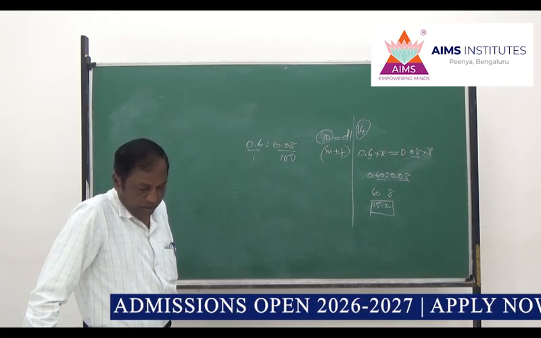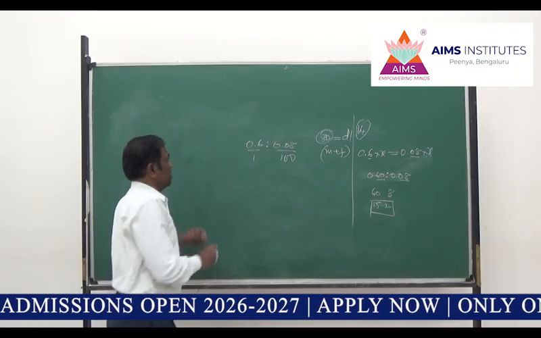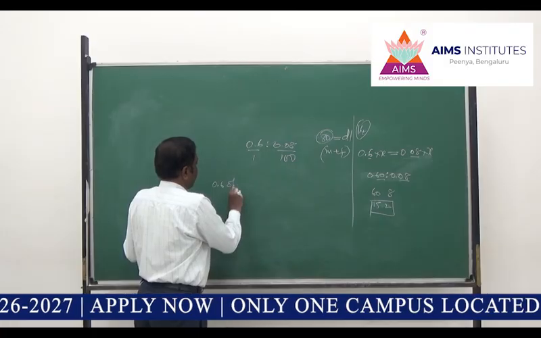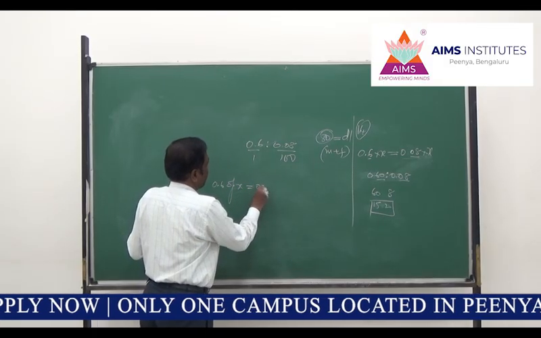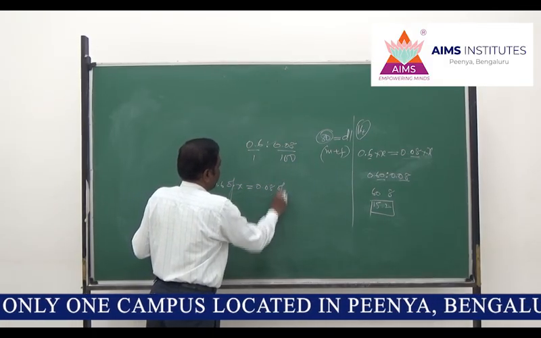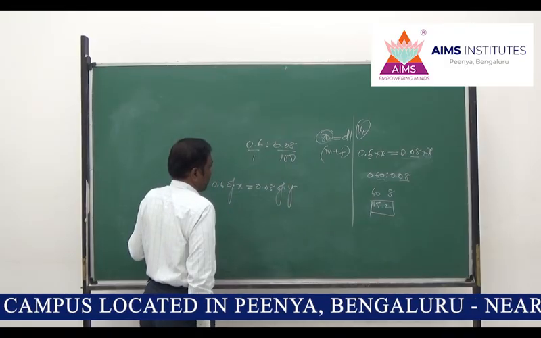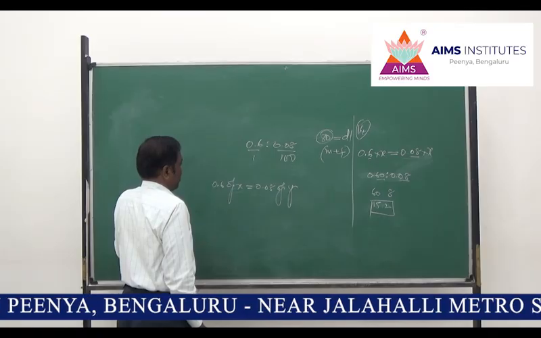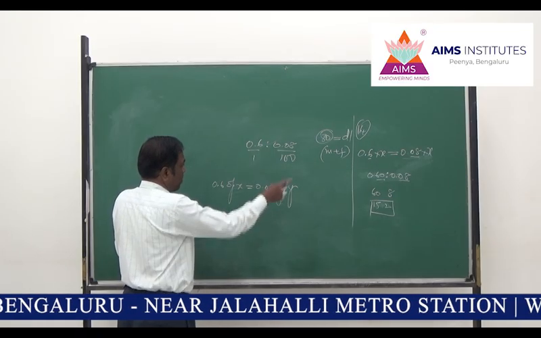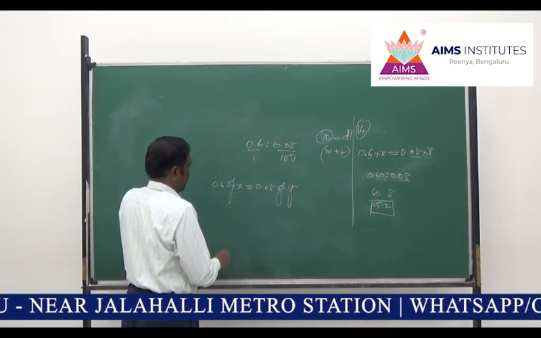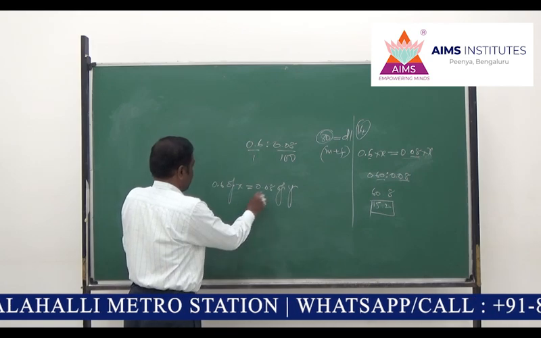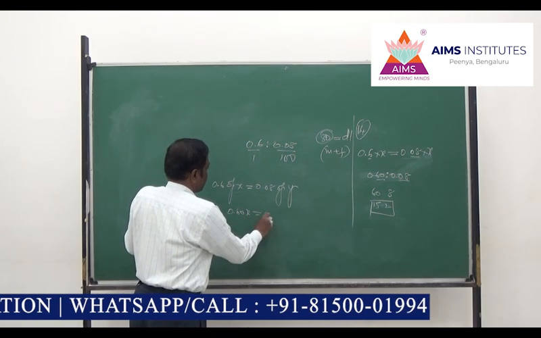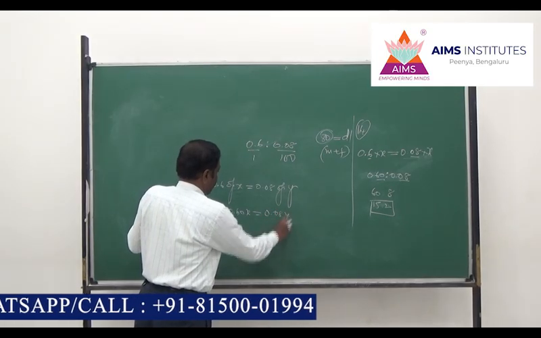If you take another number, you can write it like that: 0.6 of a number is equal to 0.08 of another number, which you can make y. So 0.6x is equal to 0.08y.